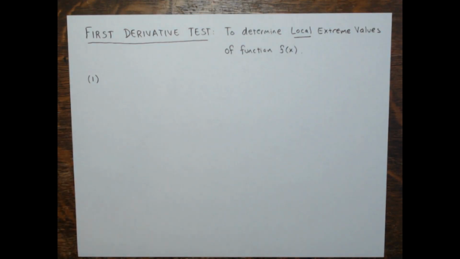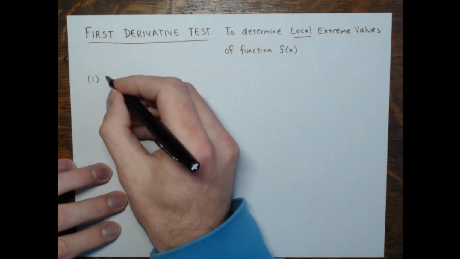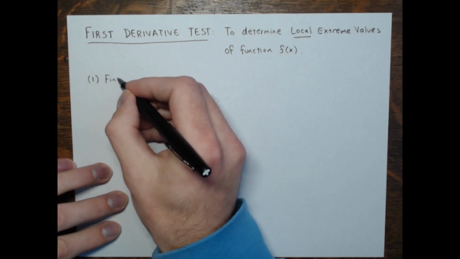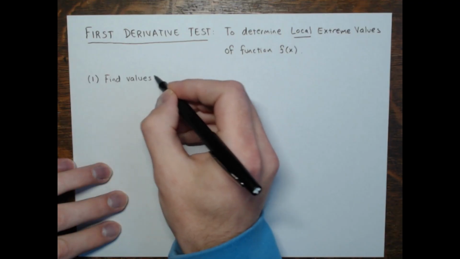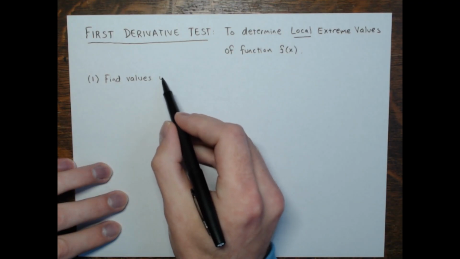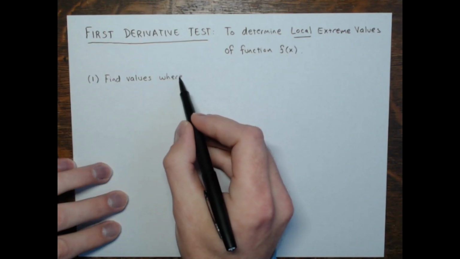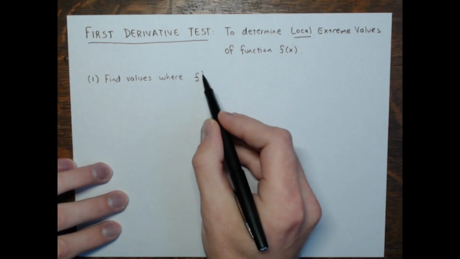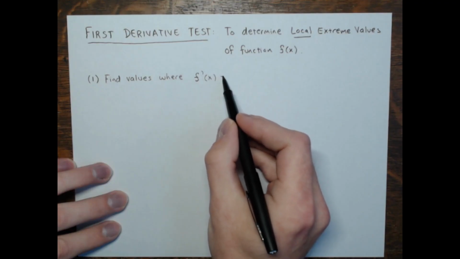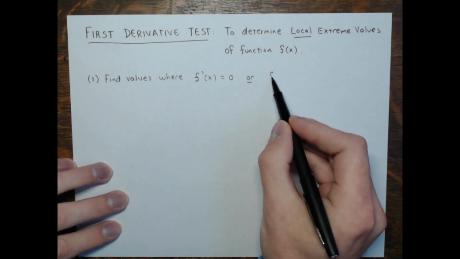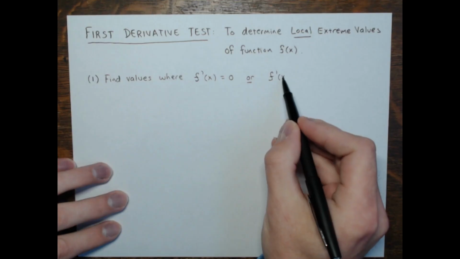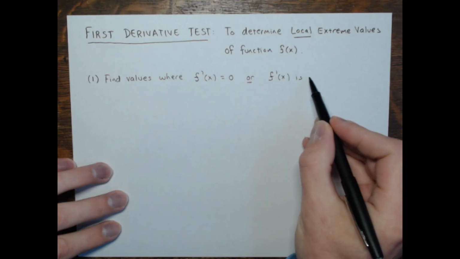So first, we find the values where the first derivative equals 0 or where the first derivative is undefined.